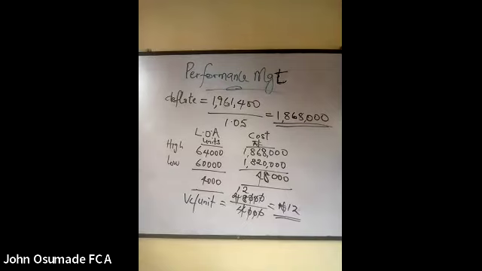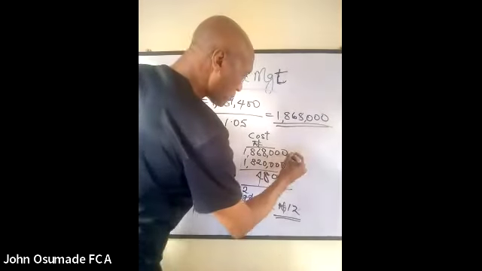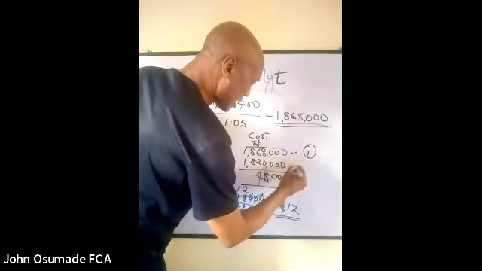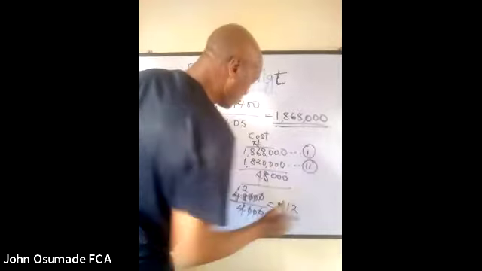And now I'm going to get the variable cost per unit at 12 naira. We are going to substitute. Now, we will turn our figures up. This one will be equation 1. And this one will be equation 2.